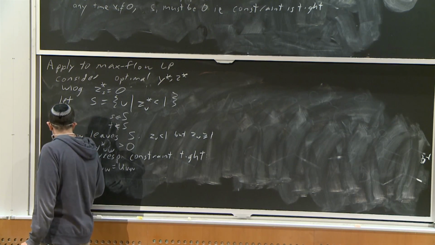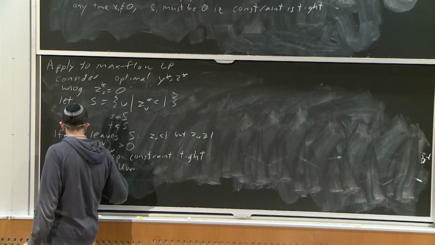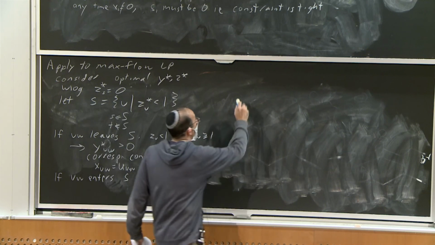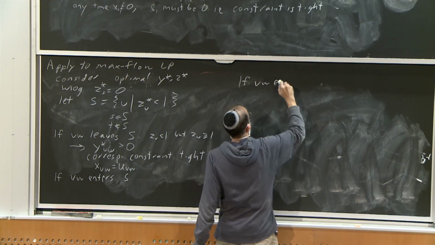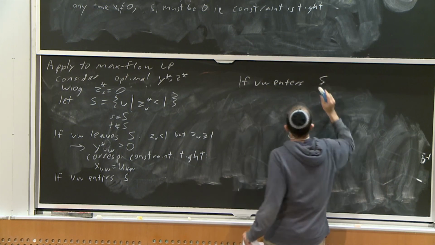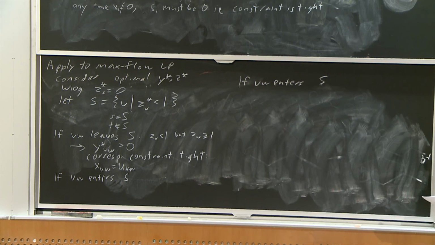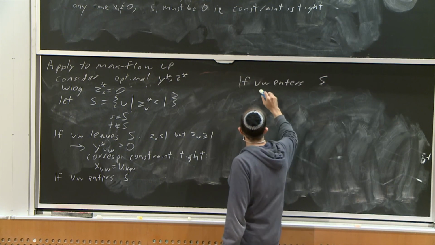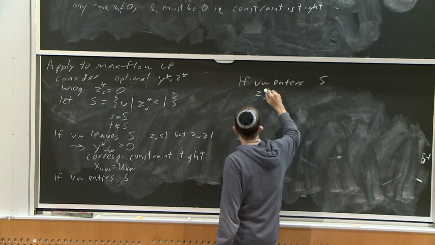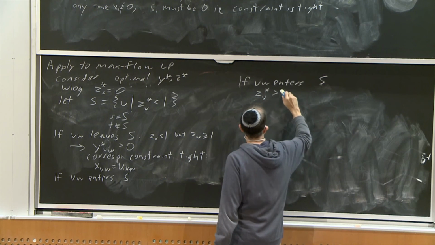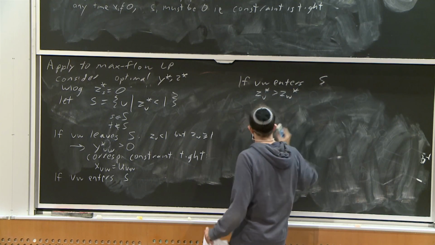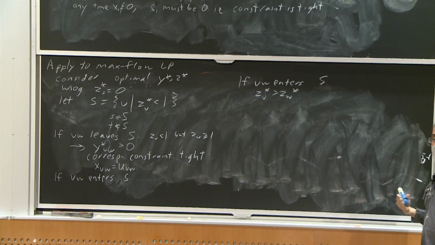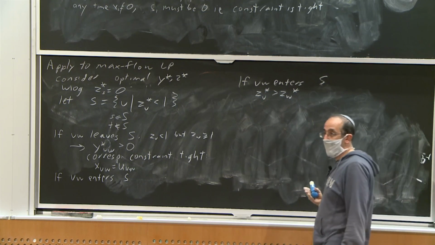What if, on the other hand, VW enters S? Well, if VW enters S, that means that Z V star is strictly greater than Z W star, because again, one of them is equal to 1, and the other is less than 1.